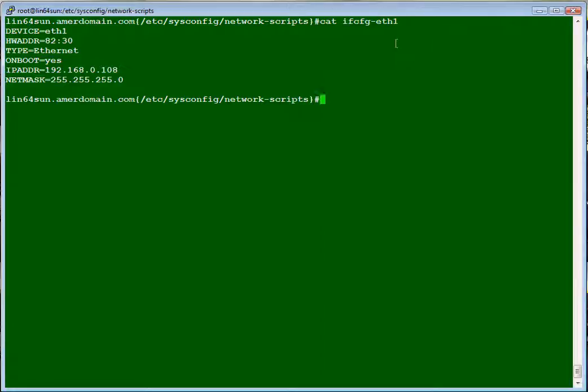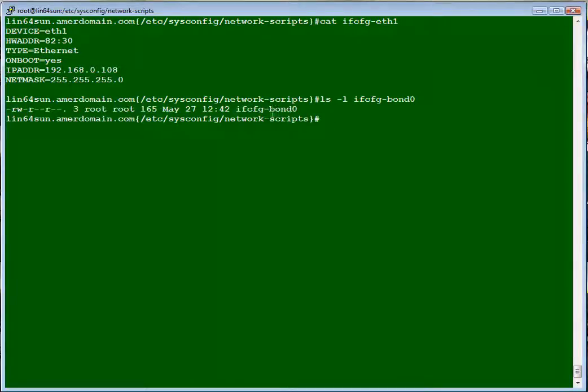And in that case there will be no bond configuration file, like ifcfg-bond0, you can just delete that. That's not required. By default it will not be there. So this is not required if you are directly assigning the IP address to the physical network card.